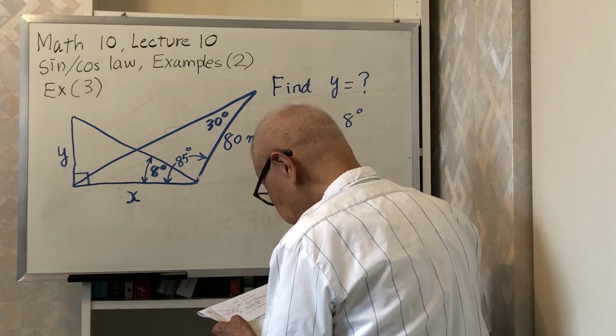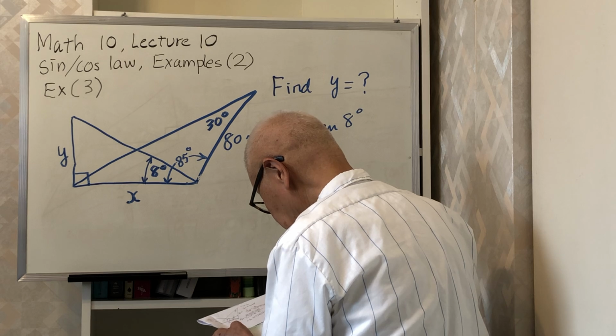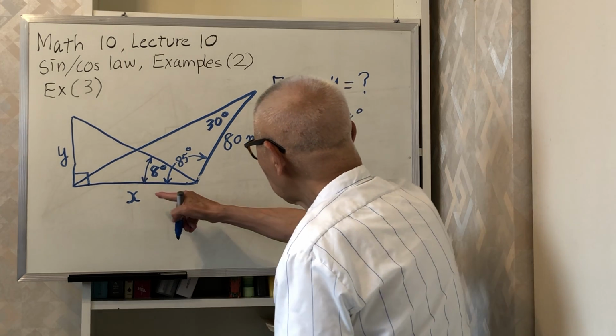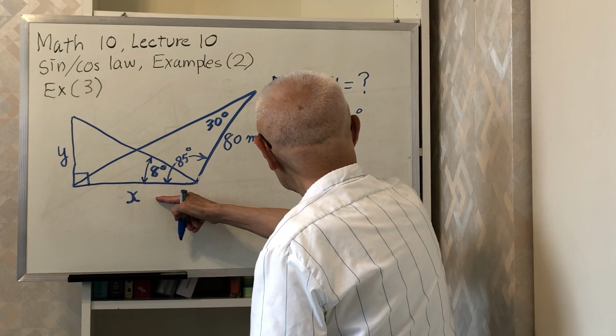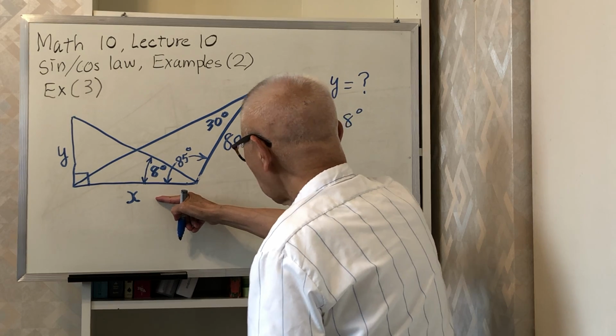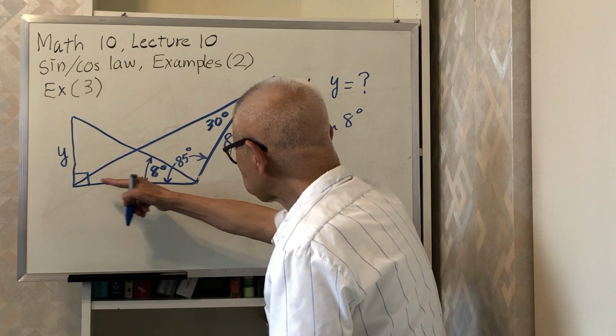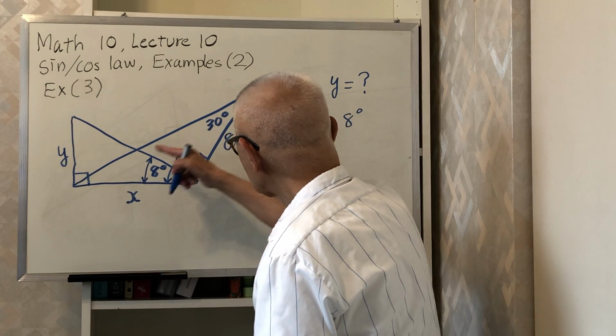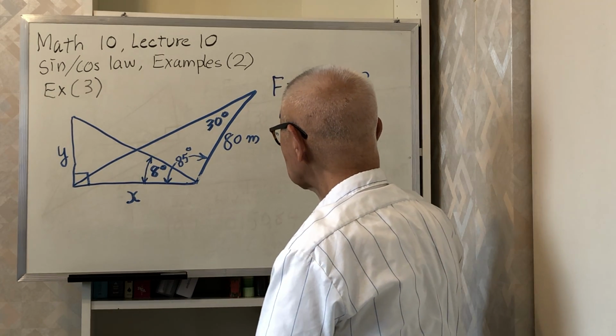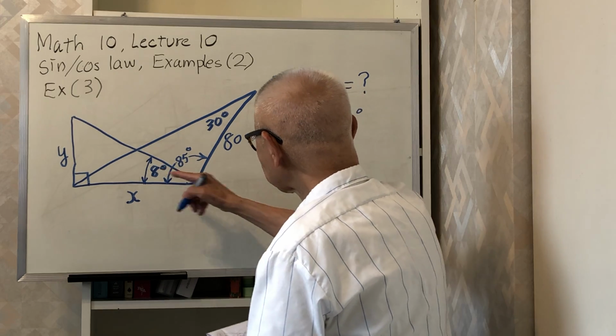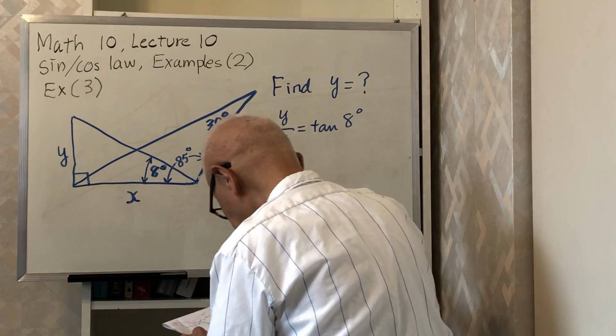Once I know x, I can find y. No, I cannot find x here, all right? So I need to find x using this. I can use sine law to find x.